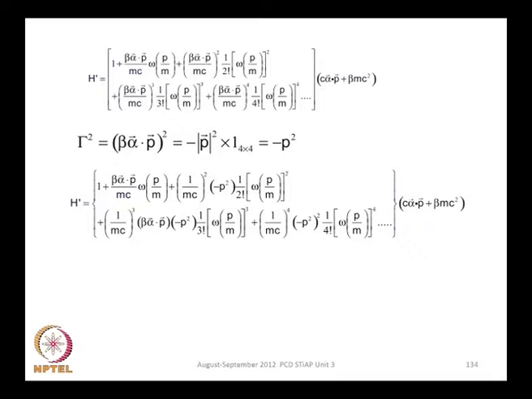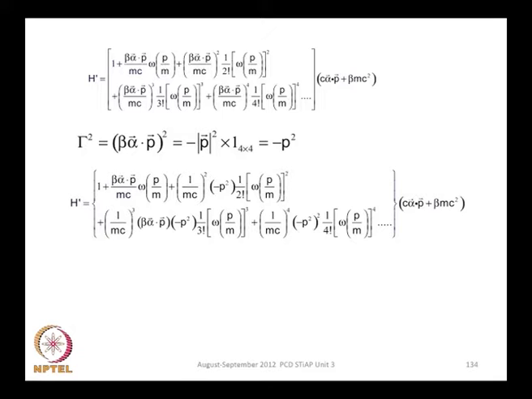Those are the terms which are written out explicitly. But wherever I have beta alpha dot p square, I have replaced that by minus p square. So, I have a minus p square over here. Here I will have the square of minus p square. Okay, this is the fourth power.